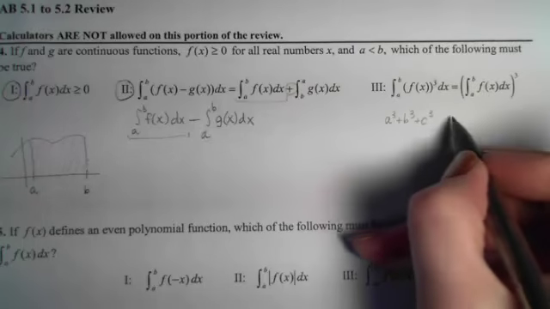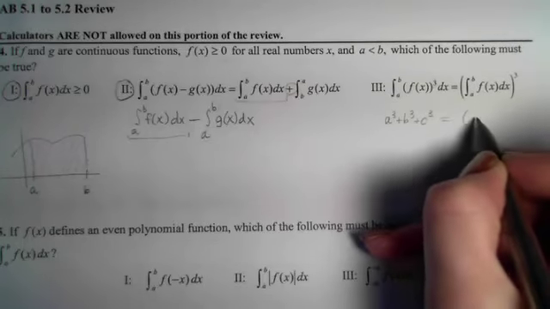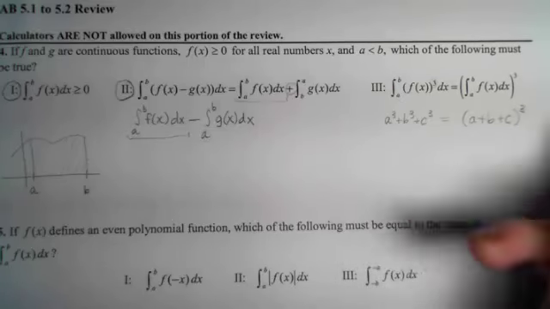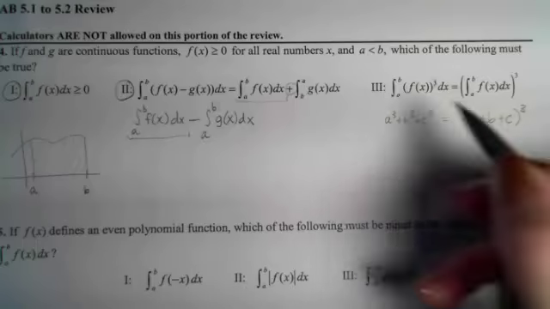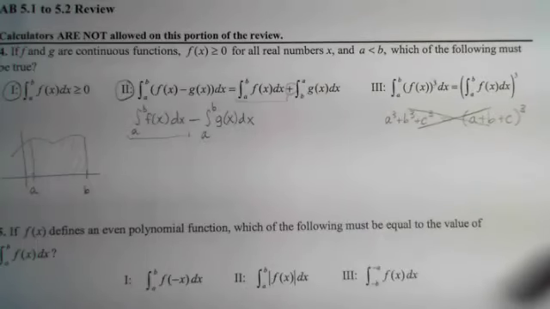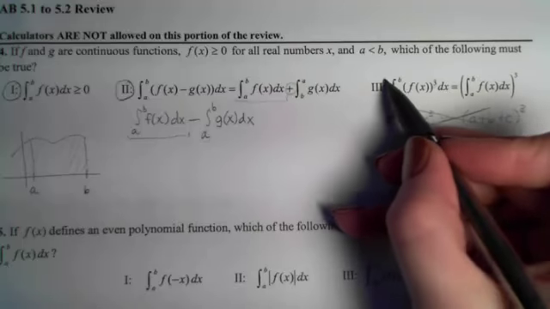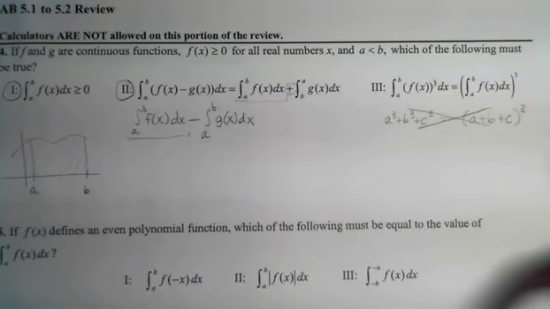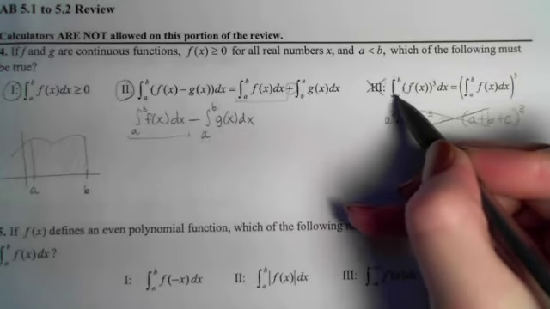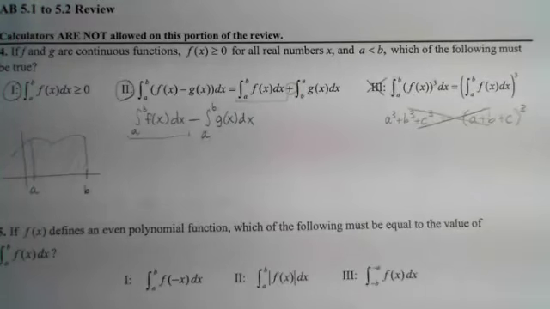Is that the same as adding them first and then cubing them? Well, if you remember your algebra rules, that cannot happen. You can't distribute powers ever over addition and subtraction. So because it doesn't work with normal arithmetic in algebra, it's not going to work when we're summing them up with a new symbol. So 3 is not going to be true.